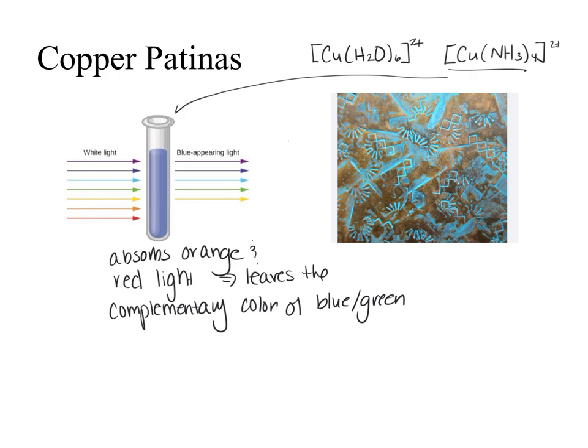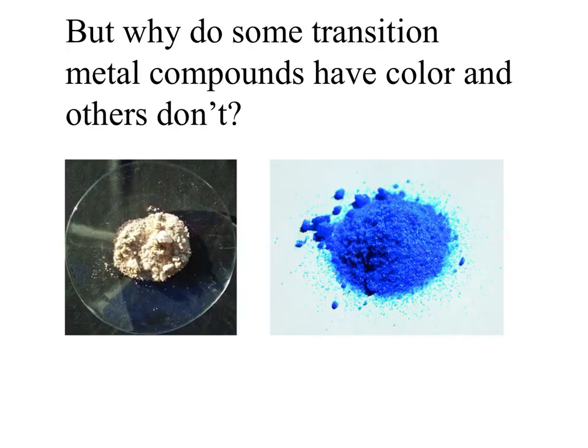But there's another question. Well, why do some transition metal compounds have color and others don't? And so we've been talking about copper. We talked about copper patinas in lab, and we said, look, they can form these colors. But when we come over here and we look at copper iodide with copper that's +1, it doesn't have any color.